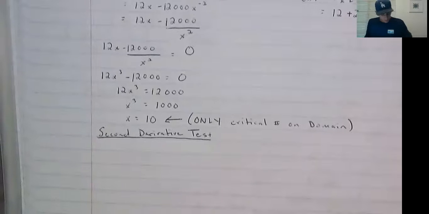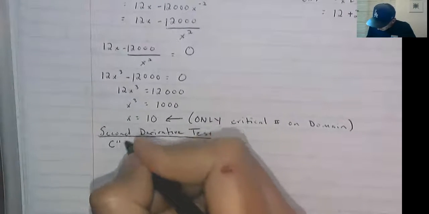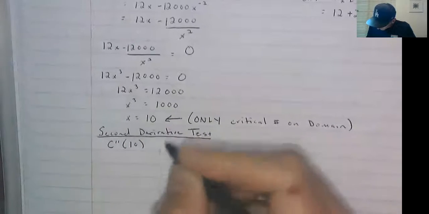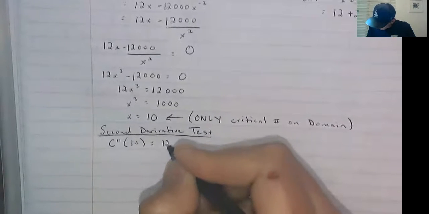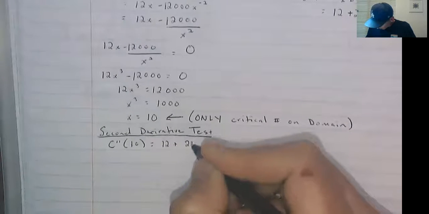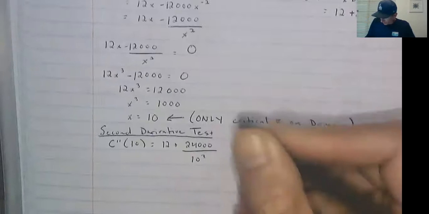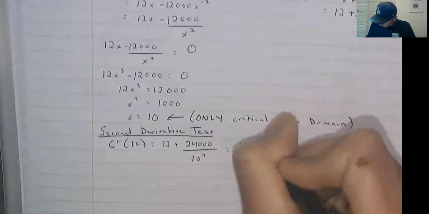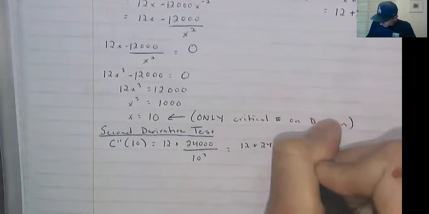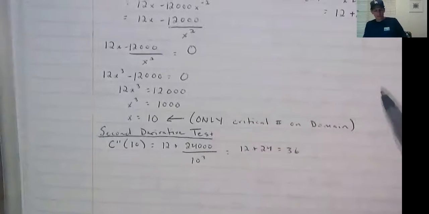Cool. So second derivative test on 10 would be 12 plus 24,000 divided by 10 cubed, which is like 1,000. So this is like 12 plus 24, which is like 36, which is certainly positive, like we anticipated.